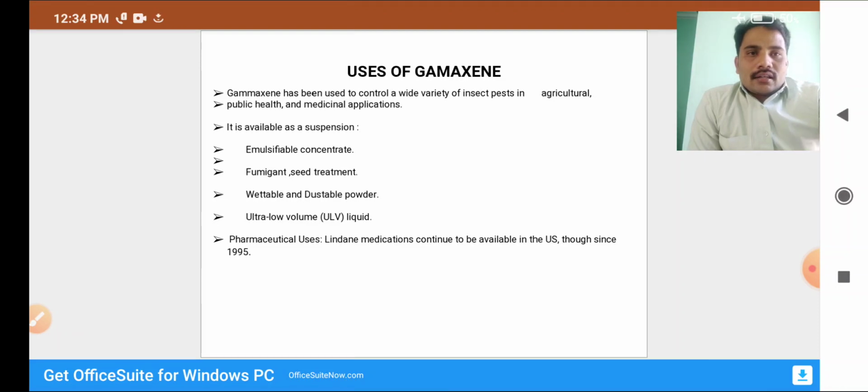It is also available as a fumigant, which liberates gases when acids are added, as seed treatment, and as wettable and dustable powder. Ultra low volume liquid has a slow effect but helps the plants withstand and increases crop yield. For pharmaceutical uses, lindane medications continue to be available in the US since 1995.